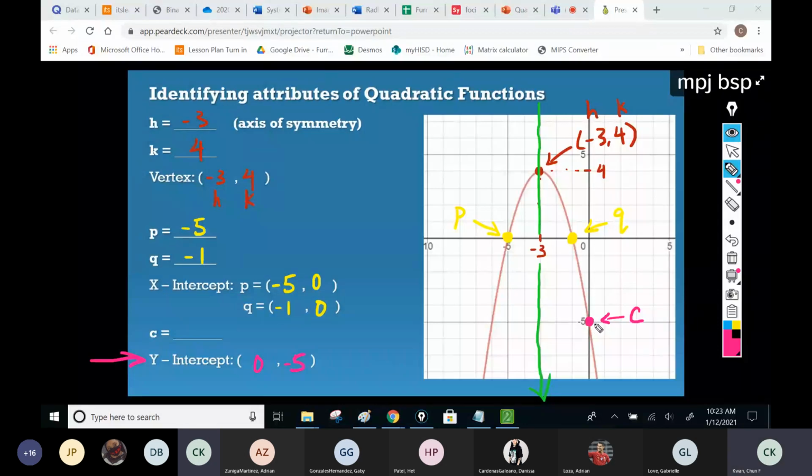That's where the y-intercept is at. And this number right here is the C we are talking about. So it is -5.